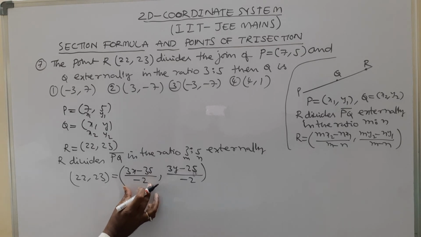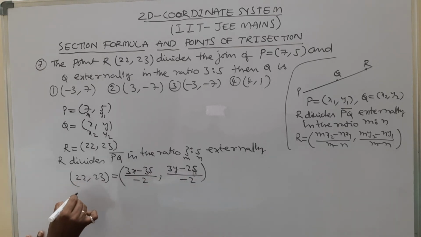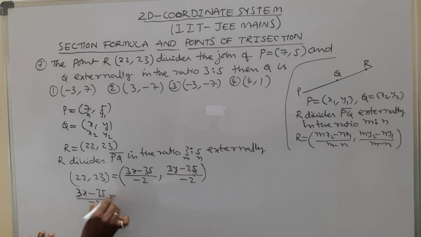First, this is the x coordinate, this is the y coordinate. The x coordinate is equal to 22. 3x minus 35 by minus 2 equals 22. Cross multiply: 3x minus 35 equals minus 2 into 22, minus 44.